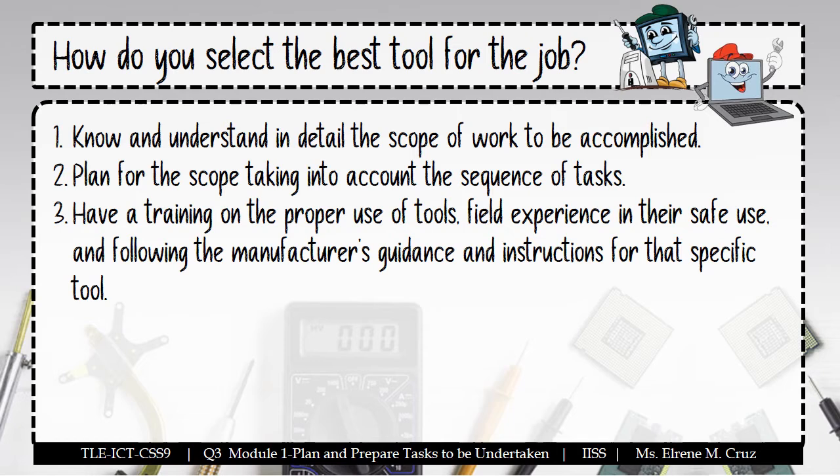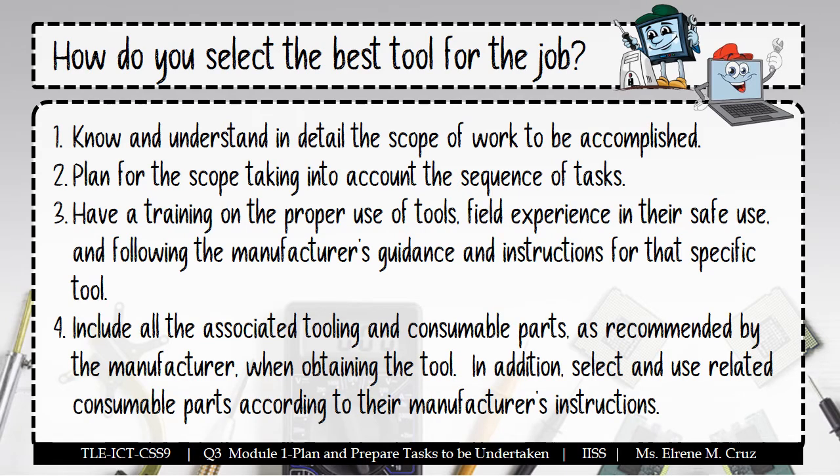Next is, have training on the proper use of tools, field experience in their safe use, and follow the manufacturer's guidance and instructions for that specific tool. Lastly, include all the associated tooling and consumable parts as recommended by the manufacturer when obtaining the tool. In addition, select and use related consumable parts according to their manufacturer's instructions.